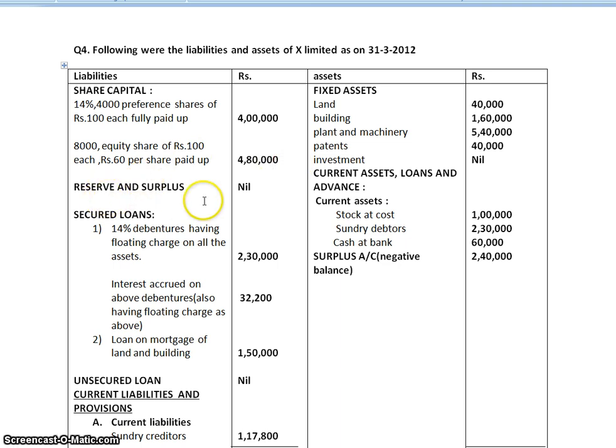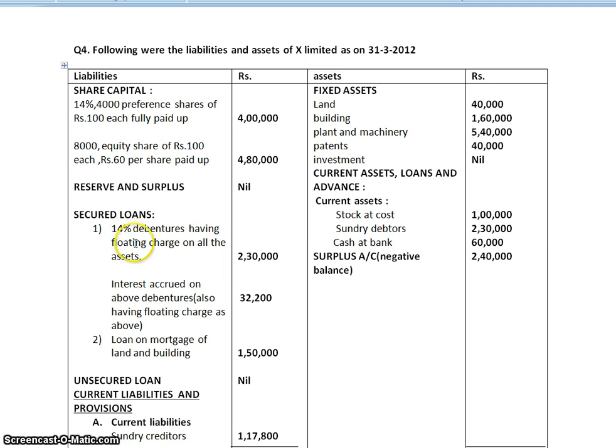Next, we have reserves and surplus. There is no balance in reserves and surplus. Then we have secured loan. That means a kind of loan on which some security has been provided by the company. So 14% debentures having a floating charge on all the assets. That means around 2,30,000 rupees has been raised from the debenture holders by the company, and the company has promised to pay them 14% interest.